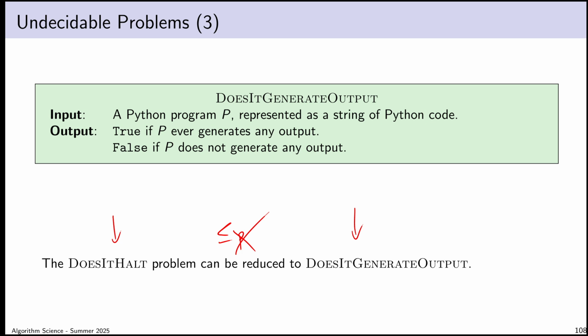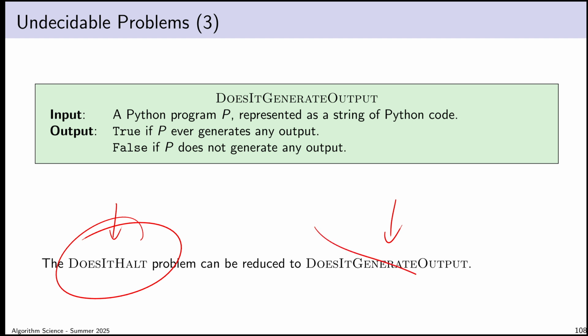So I have no requirement to show that this takes some specific amount of time, just that it takes a finite amount of time. So if you give me an algorithm to solve this, that would imply an algorithm to solve that. And in turn, because we know there is no algorithm to solve this, that means there can't be an algorithm to solve "does it generate output" either.